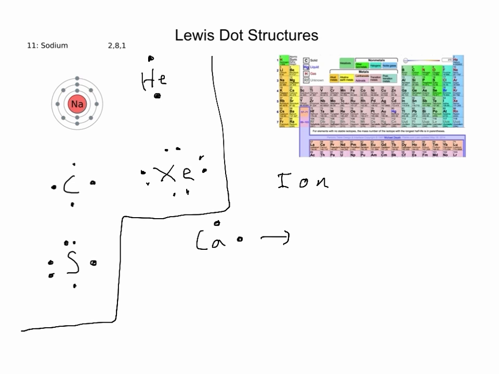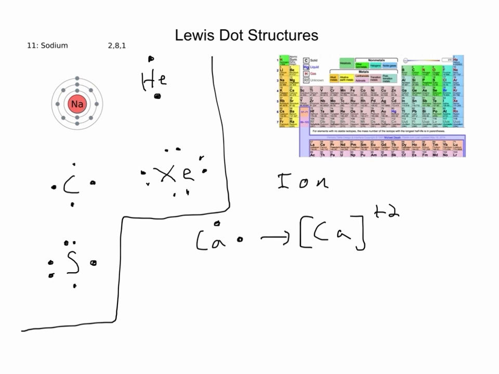It can gain 6 more electrons to give it 8, just like xenon, or it could lose all of its electrons, 2 electrons, which would be more favorable. Losing 2 electrons would require less energy, so in order to gain a complete octet, calcium would lose both electrons, giving it a positive 2 charge.